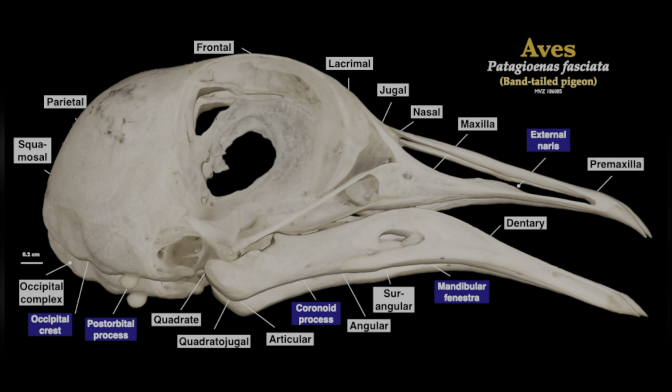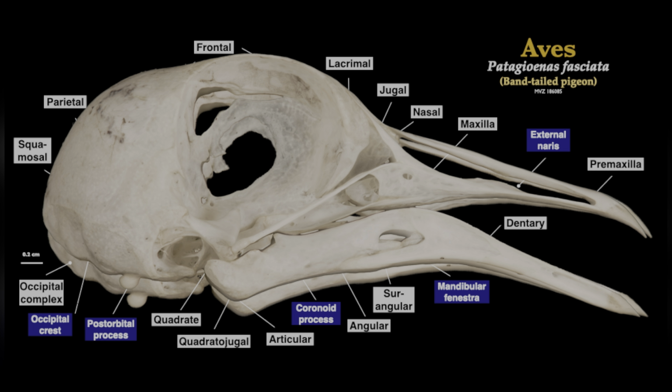You have the frontal part of the skull, which makes up the front part of the skull, and then at the back there's the parietal part, which in a real bird would be the back of the skull.